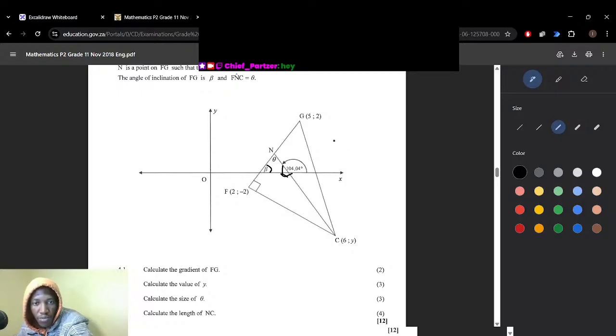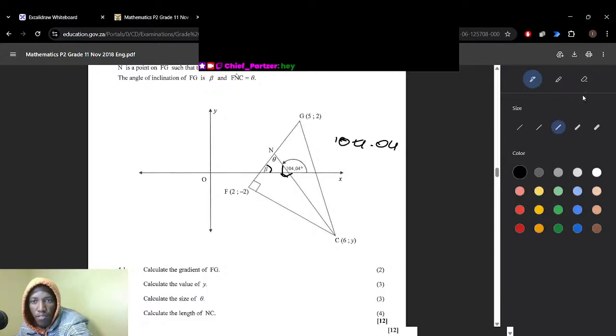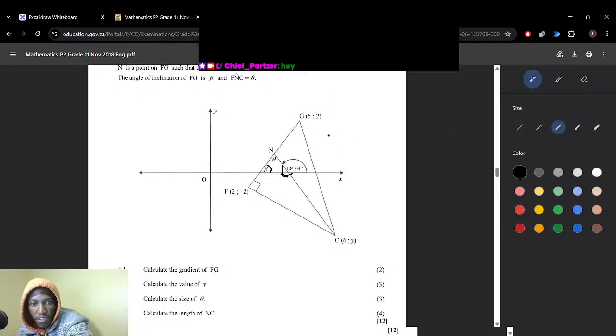So we know that 104.04 plus alpha is equal to 180 degrees.